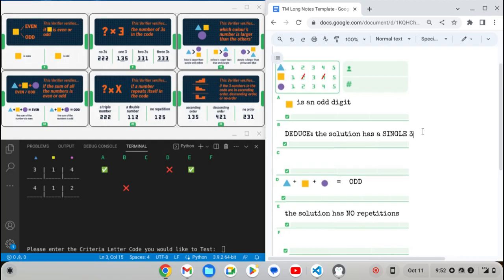Now, I was thinking maybe the solution isn't in an ascending or descending order, but you could still have possibilities with both evens and both odds. So that did not help. Wow. Okay. Well, I guess the next best thing would be to test criteria card C.